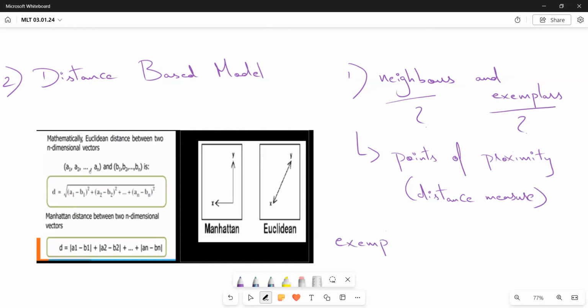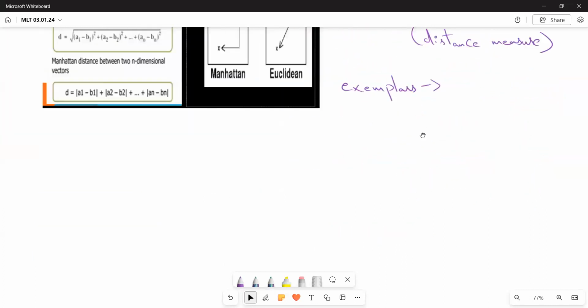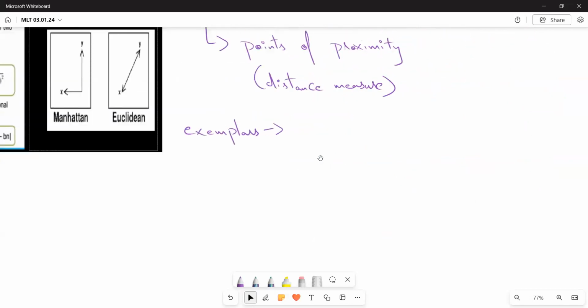What are these exemplars? They are either centroids, that find the center of mass according to a chosen distance metric, or they are called medoids. I'll write down those terms for you. They are either considered as centroids or medoids.